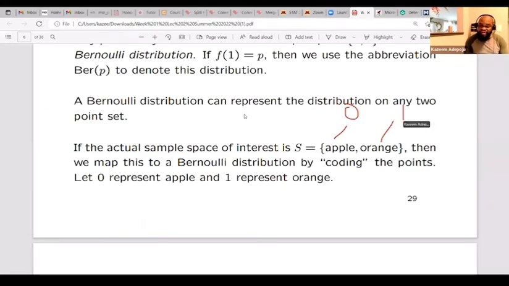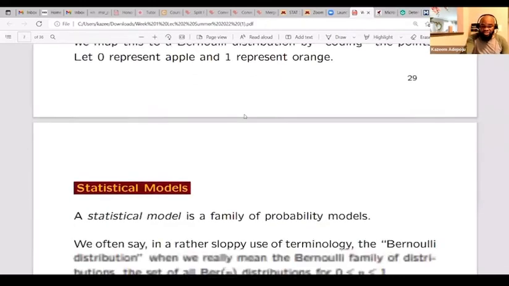Why am I doing that? I told you the other time, a random variable is a way of assigning figures to elements in the sample space, where 0 represents apple and 1 represents orange. Now if I define my random variable X, its range is going to be 0 and 1. That's exactly what I mean. And that distribution is Bernoulli.